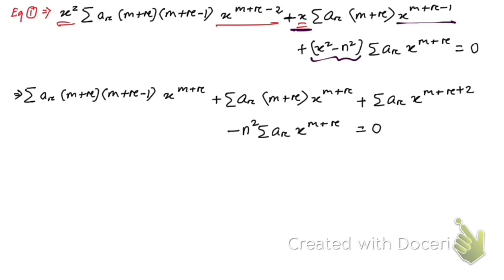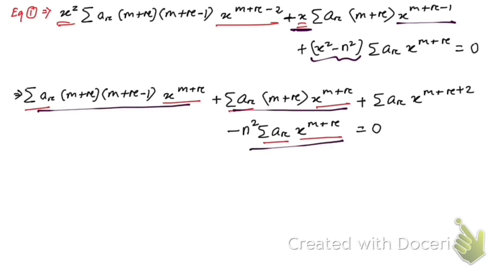Now here you see, this summation ar x to the power m plus r, here summation ar x to the power m plus r. So from the first term, from the second term, and from the last term, we can take common that summation ar, and we can take x to the power m plus r common.